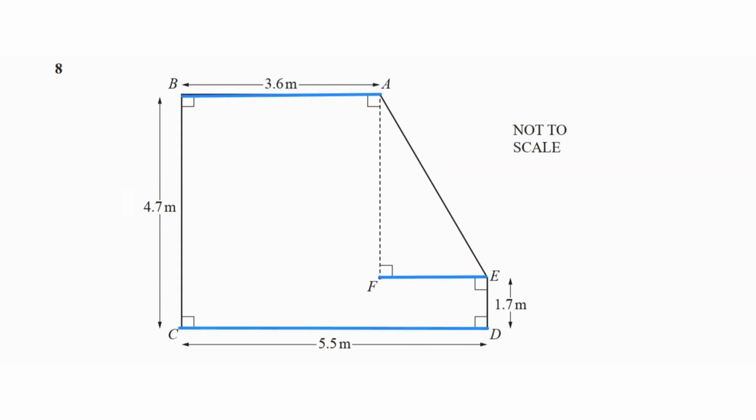Since EF is a part of CD, EF is going to be CD minus AB, which is 5.5 minus 3.6, and that gives us the value of 1.9 meters.